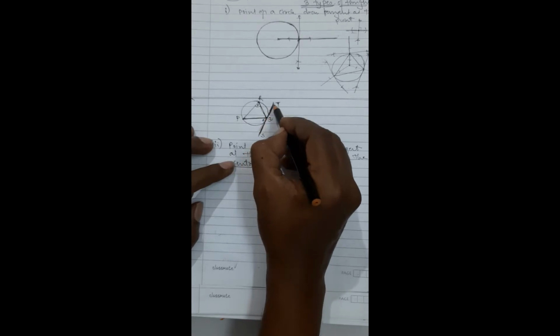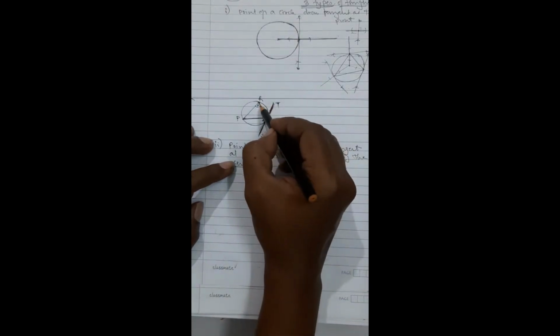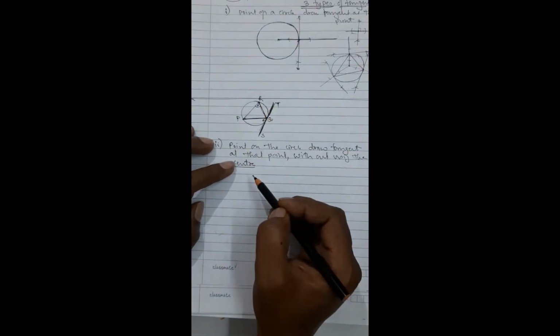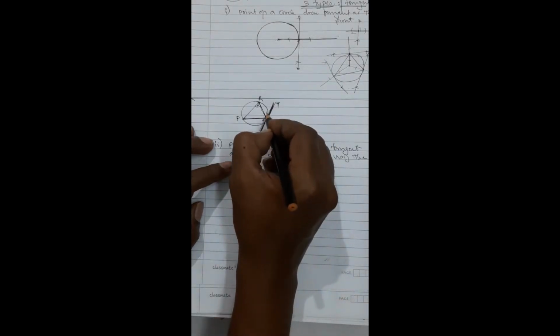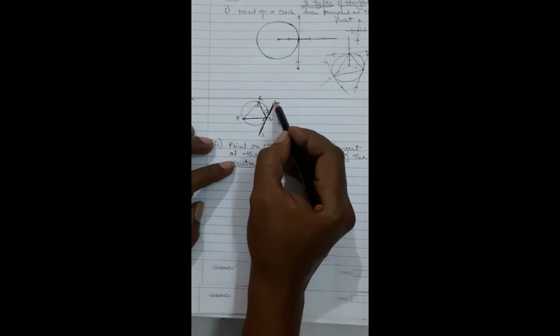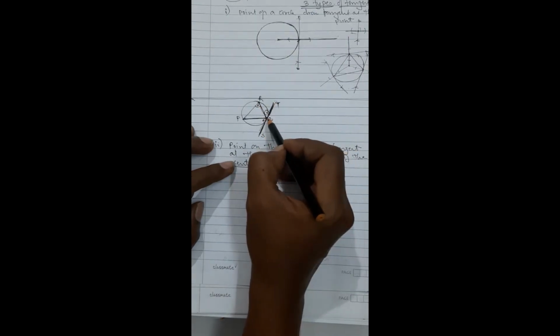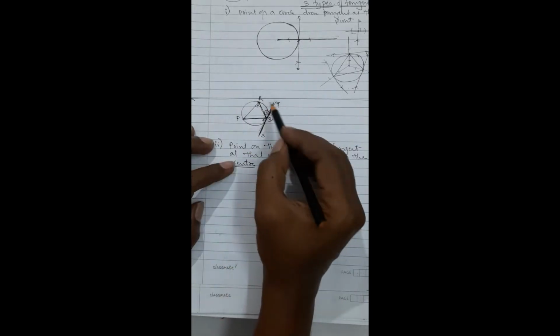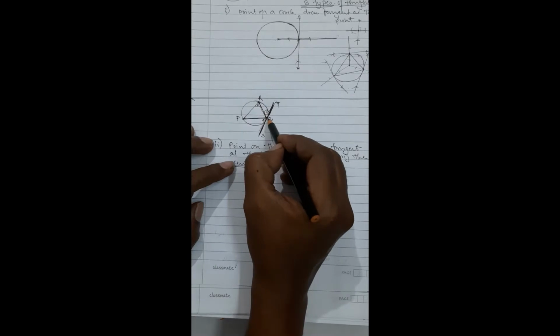Then angle RQT. Right? So this angle RQT will be congruent to what now? Among RQ and QT, RQ is the chord and QT is a tangent. So ignore the tangent. RQ is the chord.